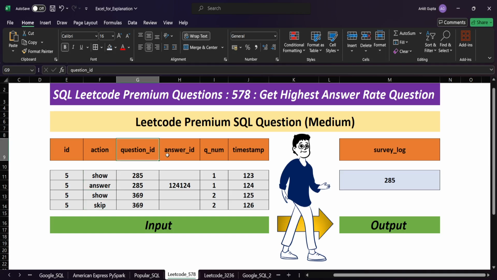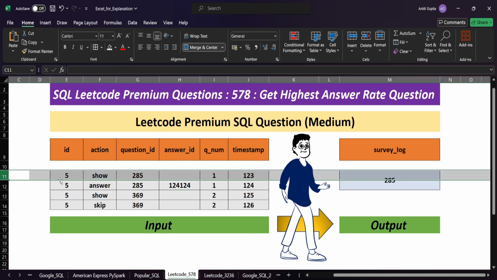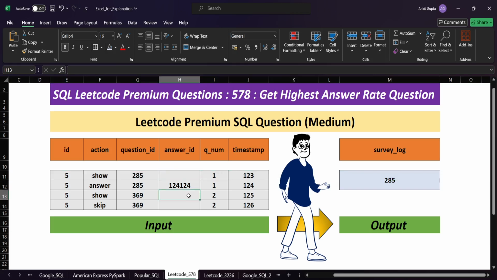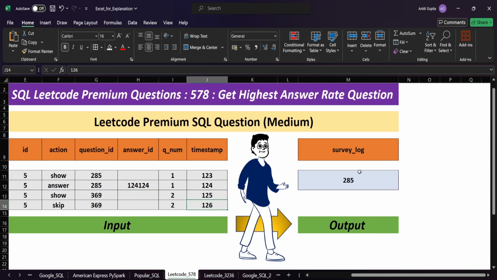We have the question ID, answer ID, question number, and timestamp. Here the ID column is nothing but the user ID. This user has answered this question, so that's why we have the answer ID. For the other 3 records, the user has just been shown the question, so the answer ID is null. And this is the question number and this is the timestamp, right? And in the output we need only one record.